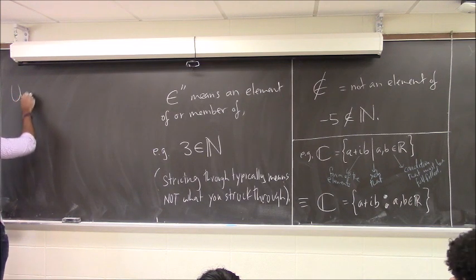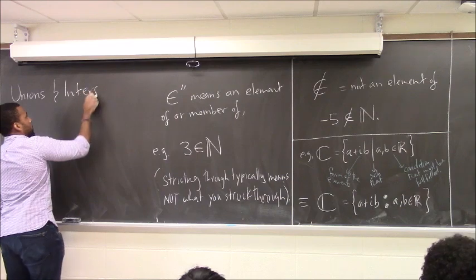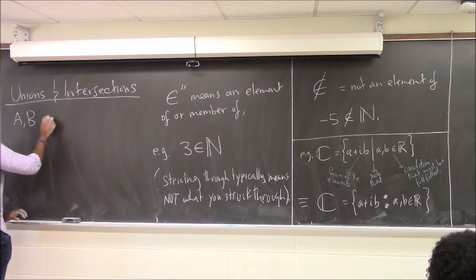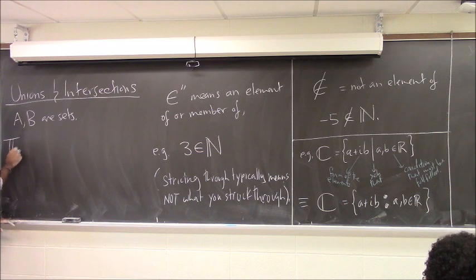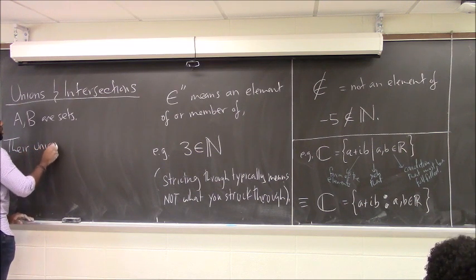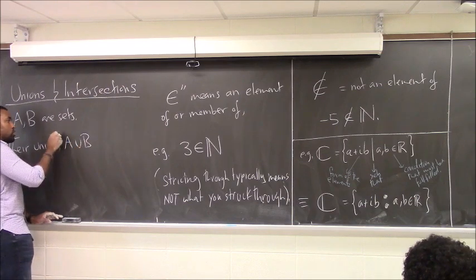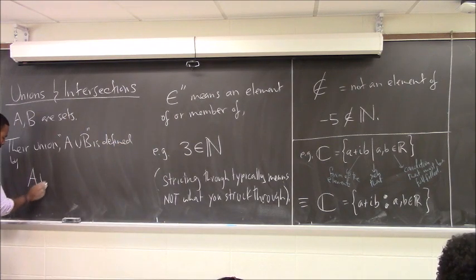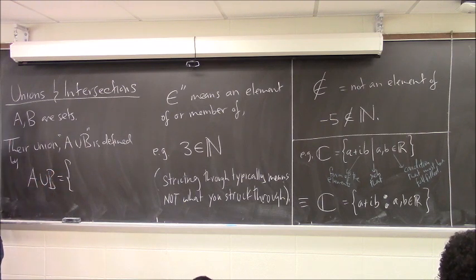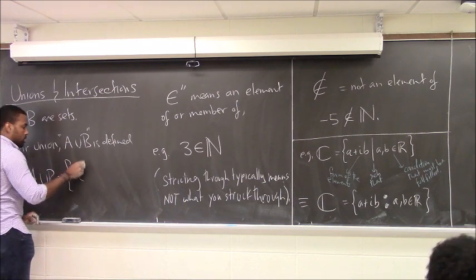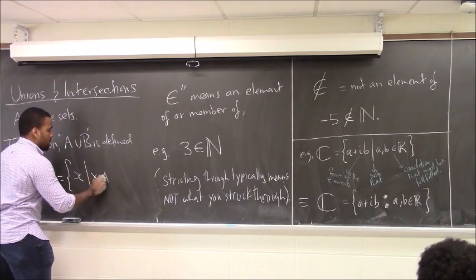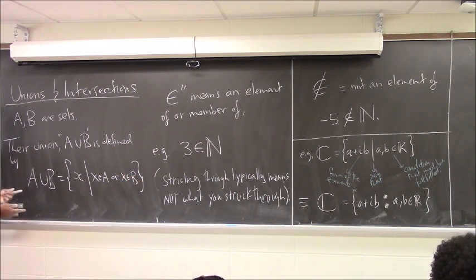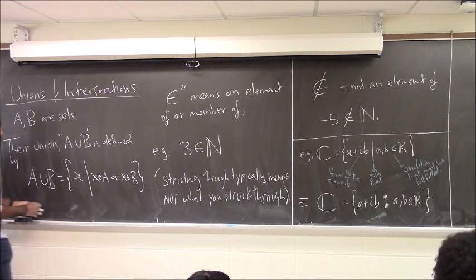There are things called unions and intersections. If A, B are sets, their union, A ∪ B, that's how you write it down, is defined by the set of all x, so I'm going to use that notation there, such that x is in A or x is in B. So find all the things that are either in this set or that set, or both.